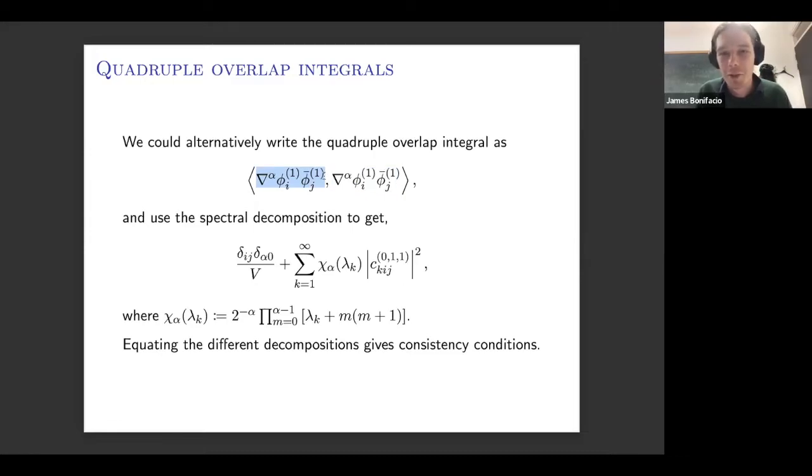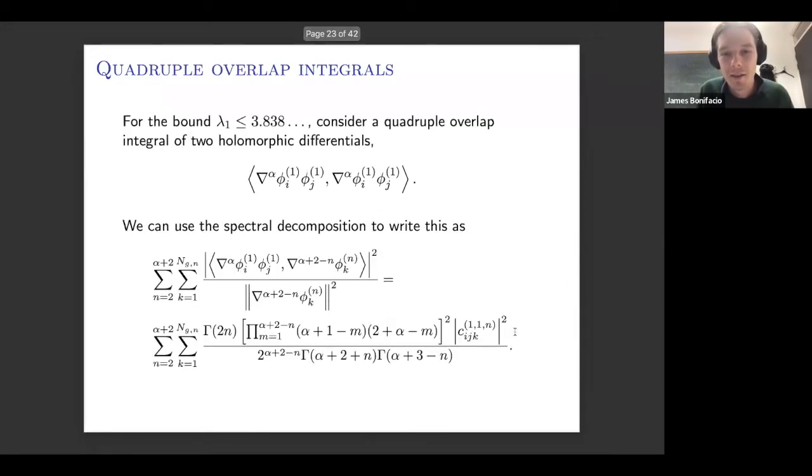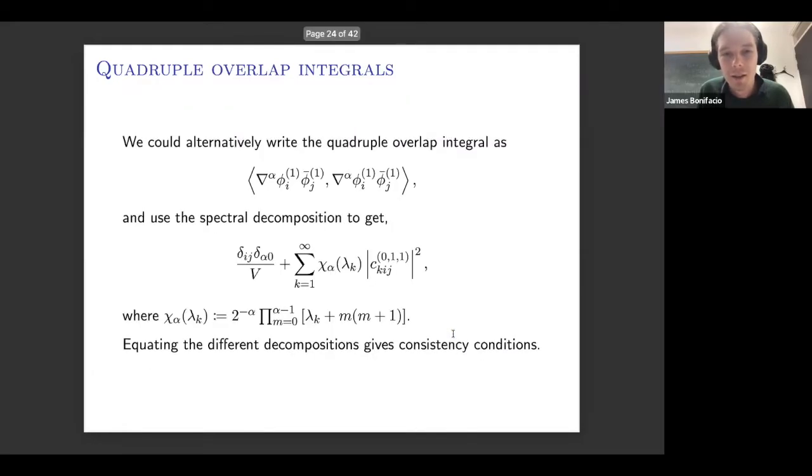And when I do the spectral decomposition in this way, I get the following expression, which only involves the overlap integrals with the eigenfunctions. So on the previous slide, I had overlaps with the holomorphic S differentials of higher rank, but in this way of writing it, I only have the overlaps with the eigenfunctions.